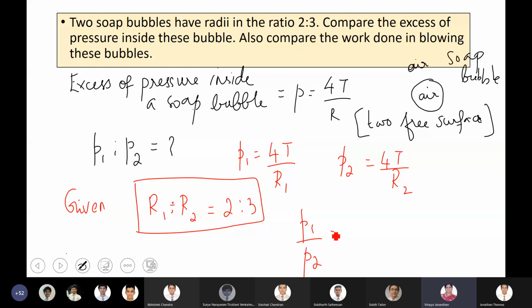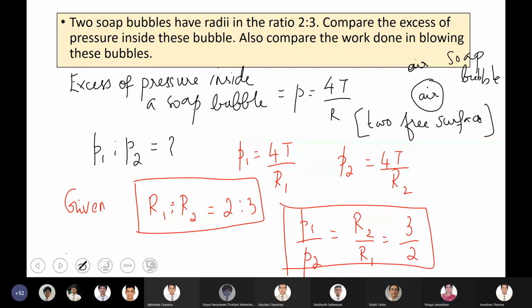Is it R2 by R1 or R1 by R2? Ma'am, I think R2 by R1. Yeah, it will be R2 divided by R1. So it will be 3 by 2. So your answer will be P1 is to P2 will be equal to 3:2. Very important numerical.